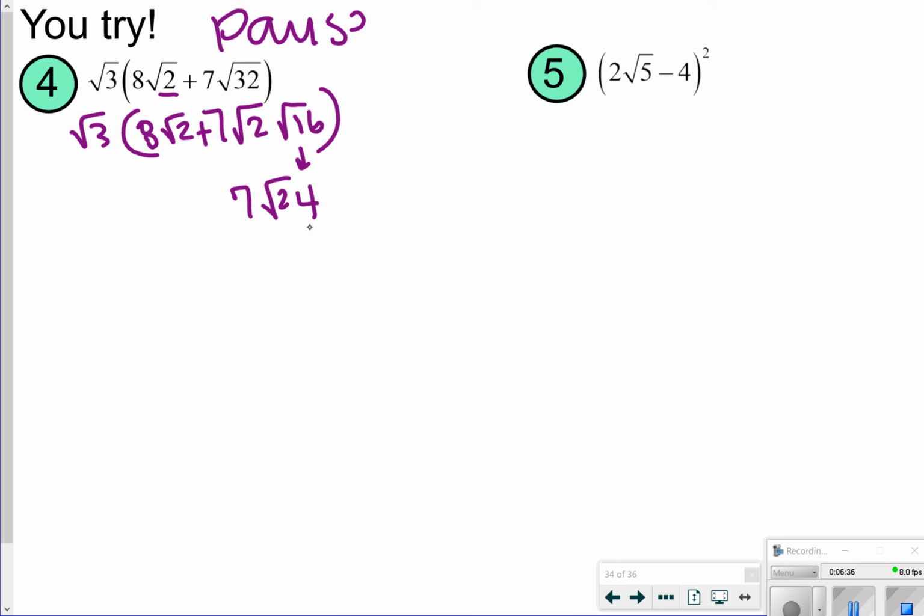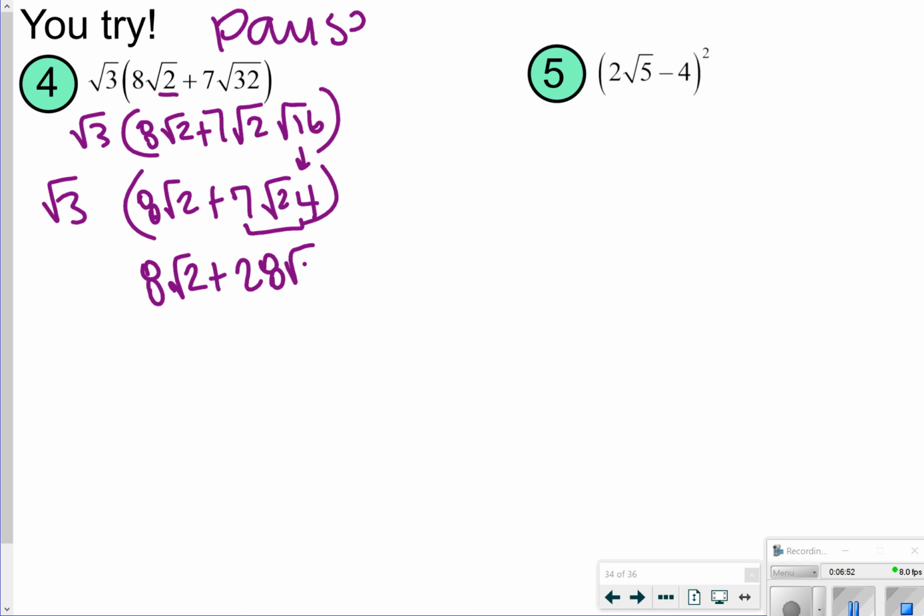So I have 7 times the square root of 2 times 4 plus 8 square root of 2, all times the square root of 3. And the nice thing here is I can go ahead and multiply 7 times 4, because those are 2 normal numbers. So I have 8 square root of 2 plus 28 square root of 2 times the square root of 3. Then I can go ahead and add 8 and 28.